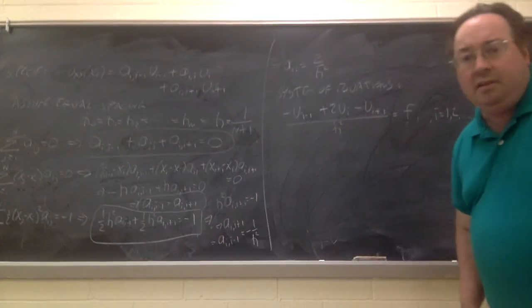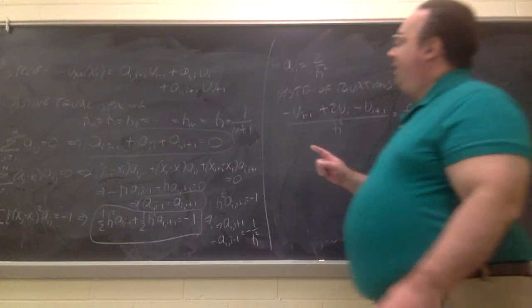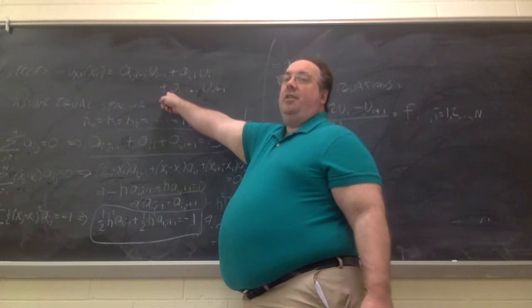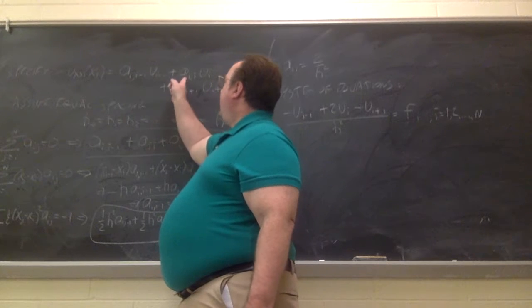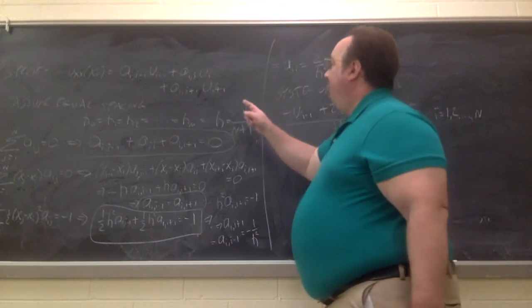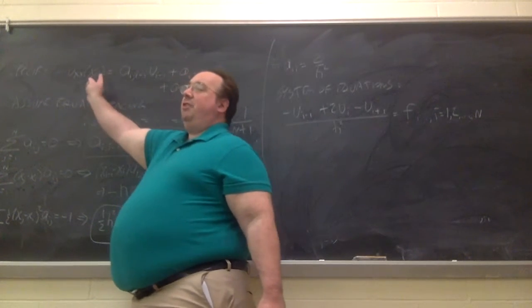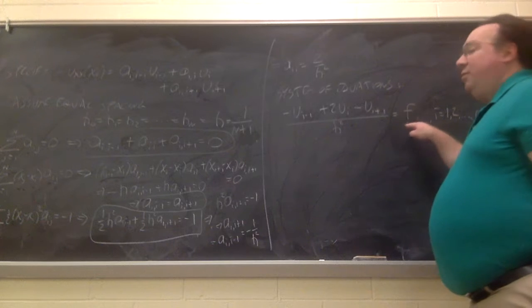What I did was, I went here and replaced the ai minus 1, aii, and ai plus 1 with the values that we got. And that gave me my second derivative approximation, and that's my left side. And then I have fi on the right side.